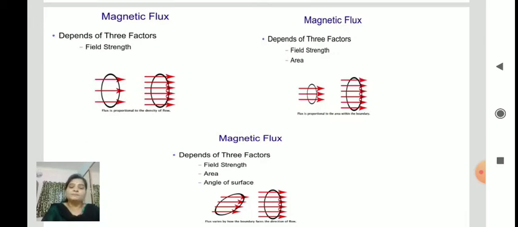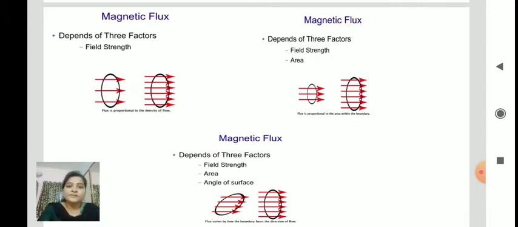It depends proportionally on all three factors. Magnetic flux is proportional to field strength, proportional to area, and proportional to the angle of the surface.